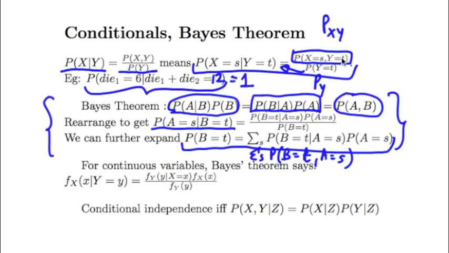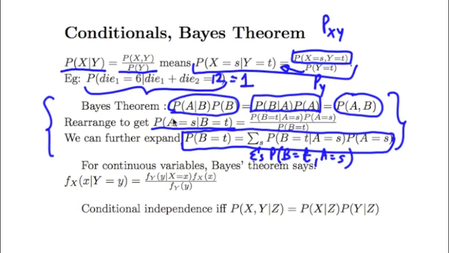That's just literally by the definition, that you can expand the joint as the conditional times the marginal. So sometimes you'll see this term appearing in the denominator of Bayes' theorem. That is the entire expanded out statement.